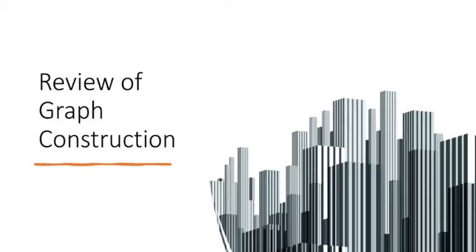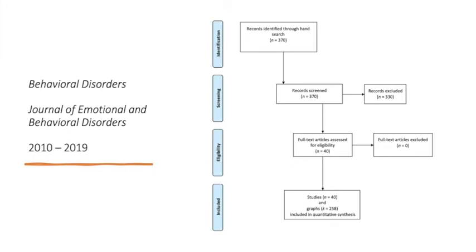So this led our team to do 3 different reviews of graphs across SPED journals. The first one focused on journals focused on emotional behavior disorders. We looked at BD and JEBD from 2010 to 2019. I'm going to make this pretty brief. We started with 370 studies. We ended up with 40 studies, including 258 graphs.